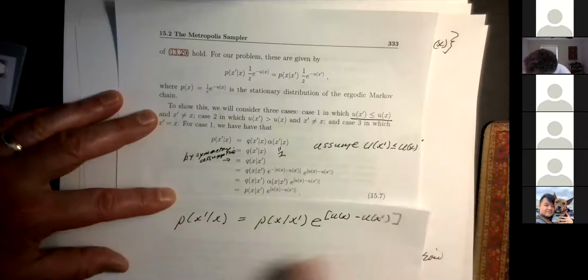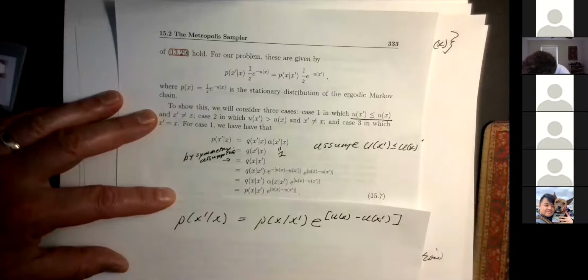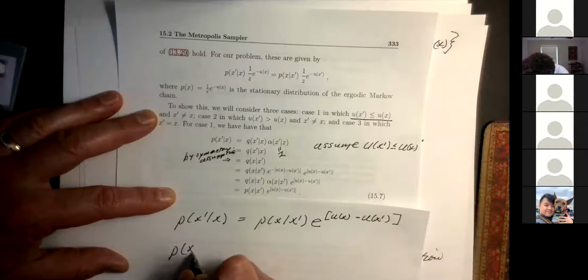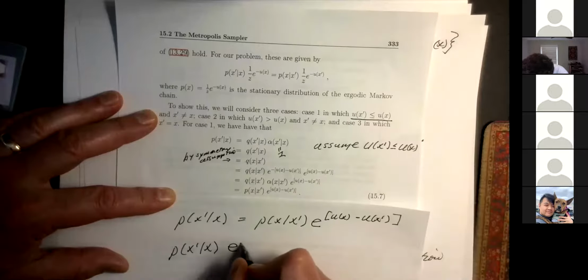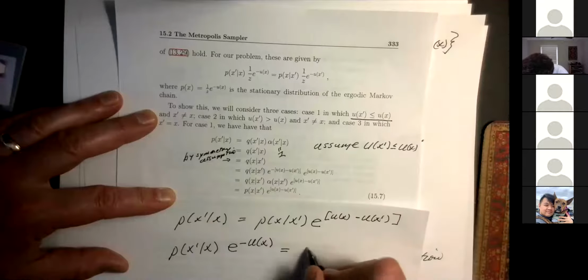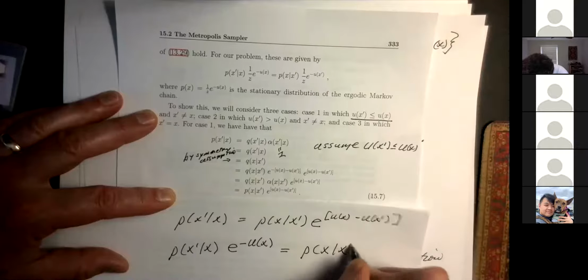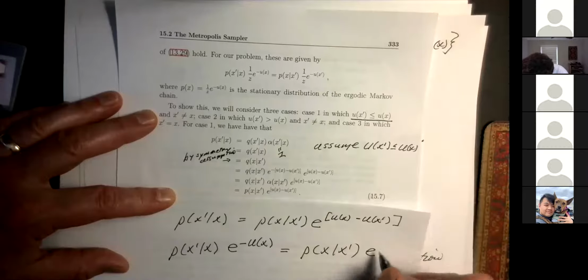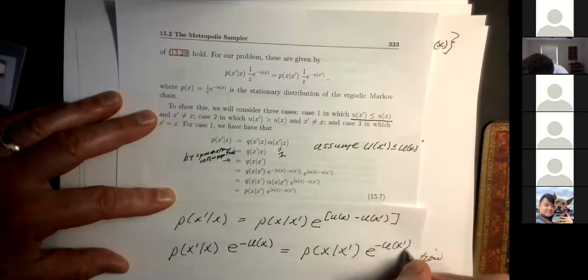So I can rewrite that, bringing the term over here: P of x prime given x times e to the minus U of x is equal to P of x given x prime times e to the minus U of x prime.